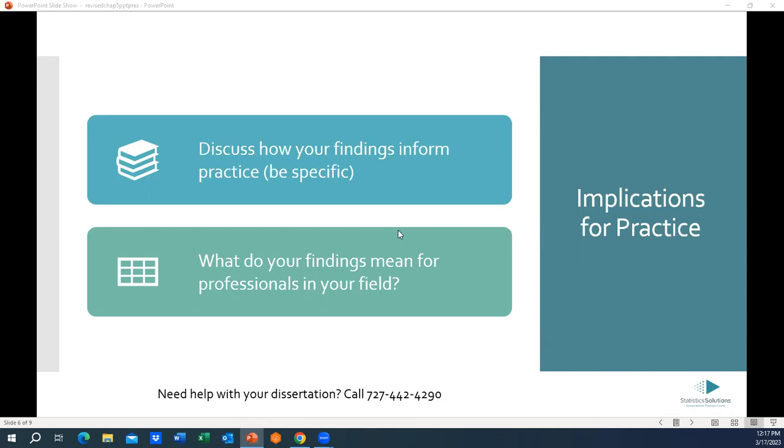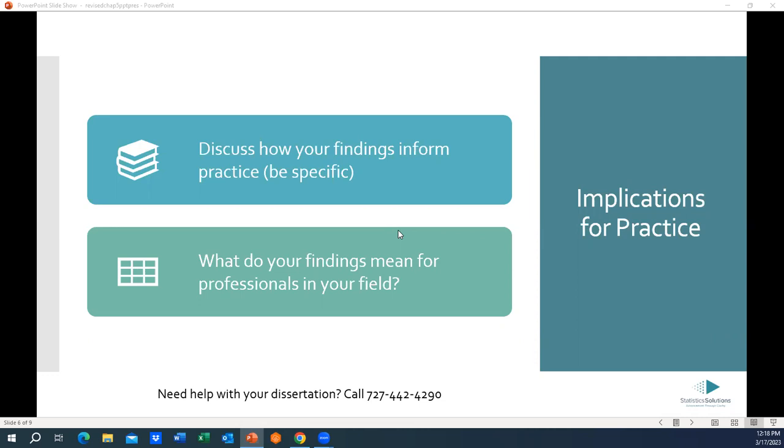Principals, district level leaders, supers, these are the people who do the recruitment, do the hiring, design the professional development for them. So if you did that kind of study, you would talk about the value this has for administrators and possibly other stakeholders as well, like teachers themselves. But that's the idea here.